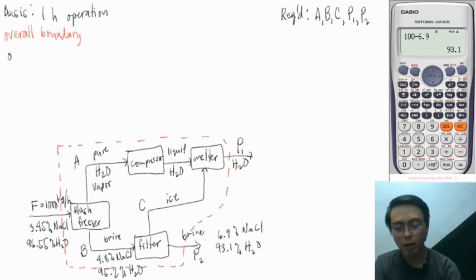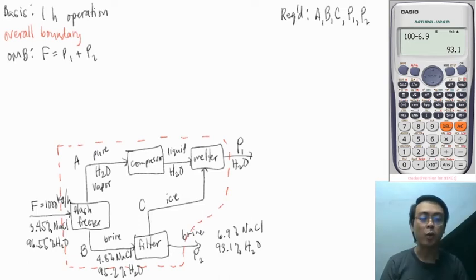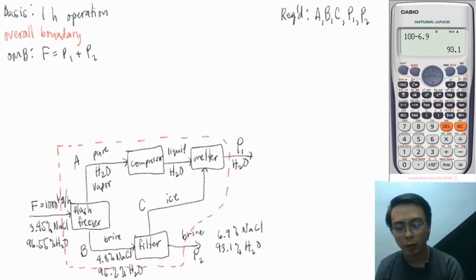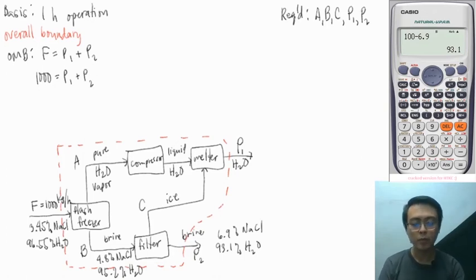Your OMB here would simply be F equals P1 plus P2. They are the only streams that are either going in or going out of the boundary. And we have a value of F, 1000, is equal to P1 plus P2. This is our equation number 1.